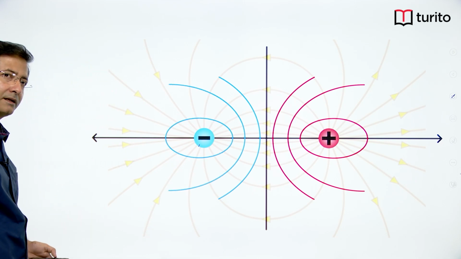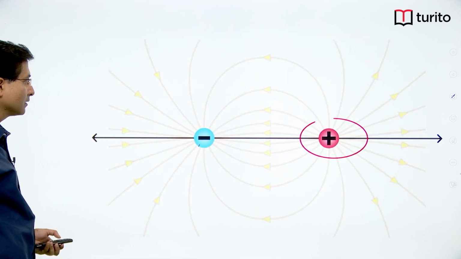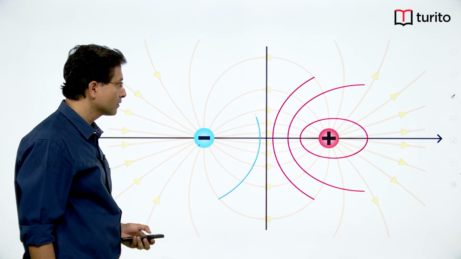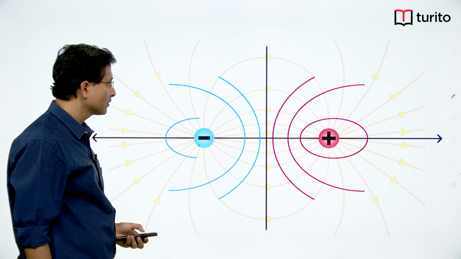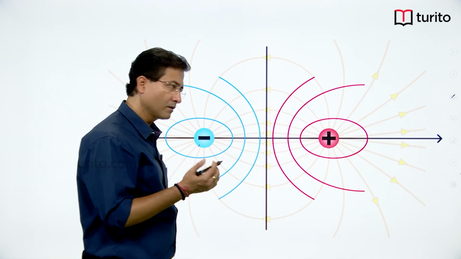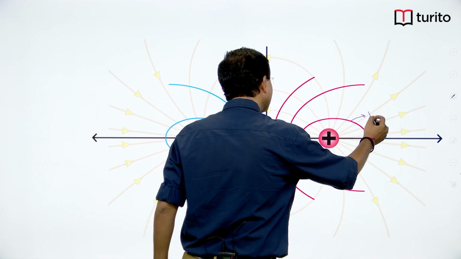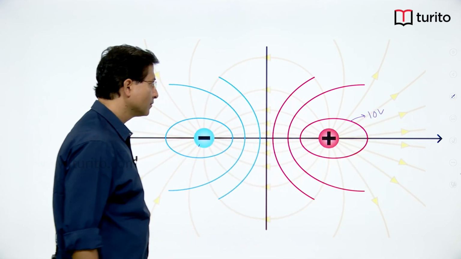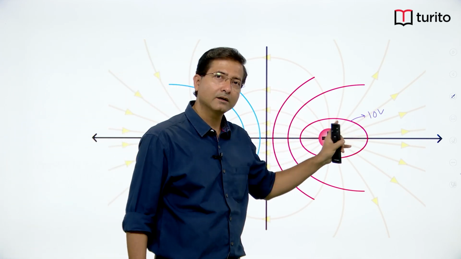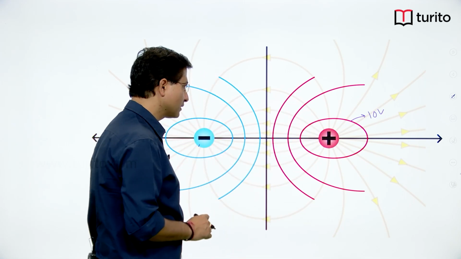So these are the equipotential lines. Let us have a look once again. Just assuming that the potential here is 10 volt, for that particular line potential is 10 volt. As you keep moving this side, potential keeps reducing, right.